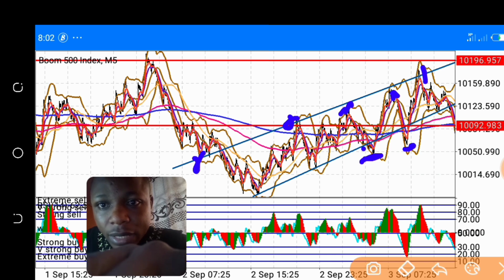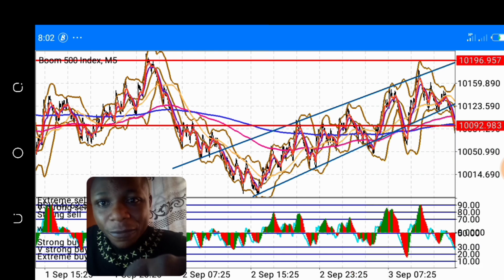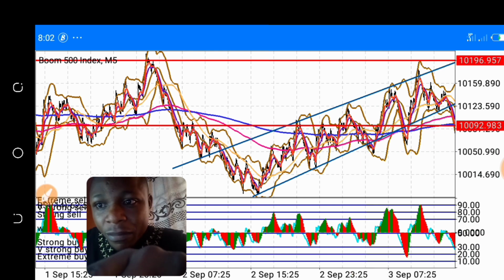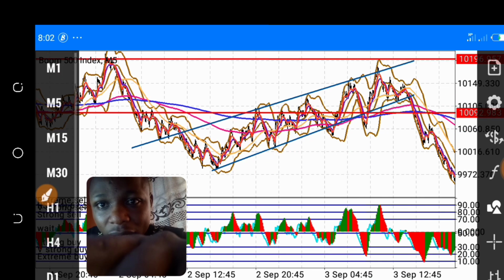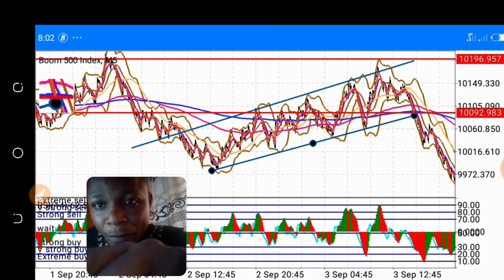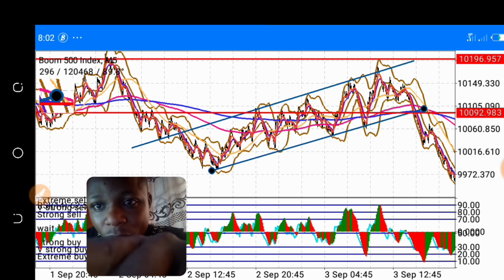So if you have entered a trade when it was here, though it might do a little pullback, it might do a little pullback and buy again. Do you see? So immediately it is forming new levels, make sure you are adjusting your trend line.